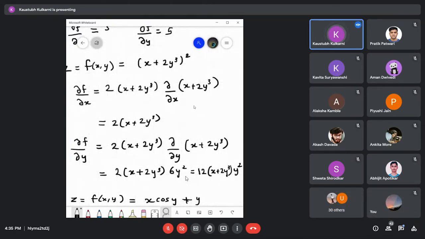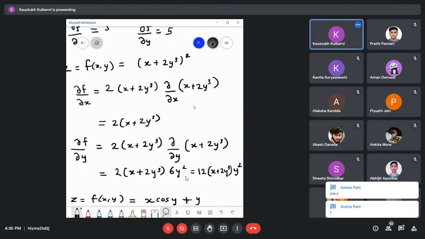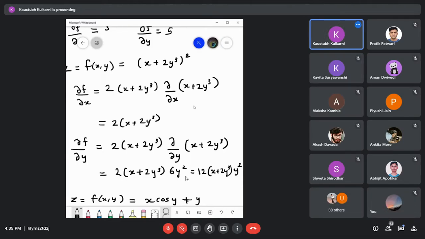Okay, chain rule means basically it's like a composite of two functions which is applied. Firstly you are applying this function, that is x plus 2y cube.